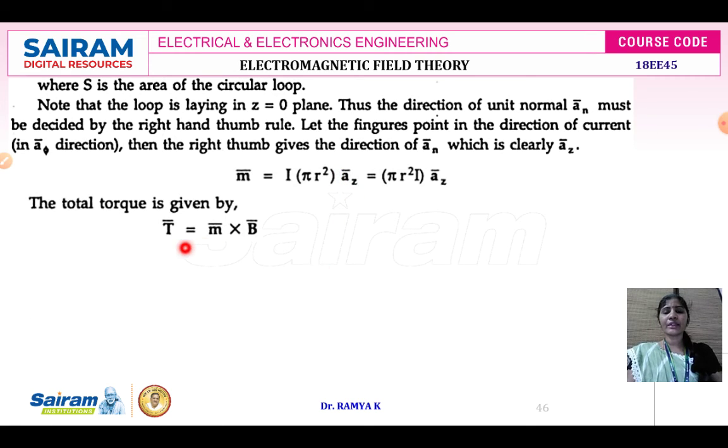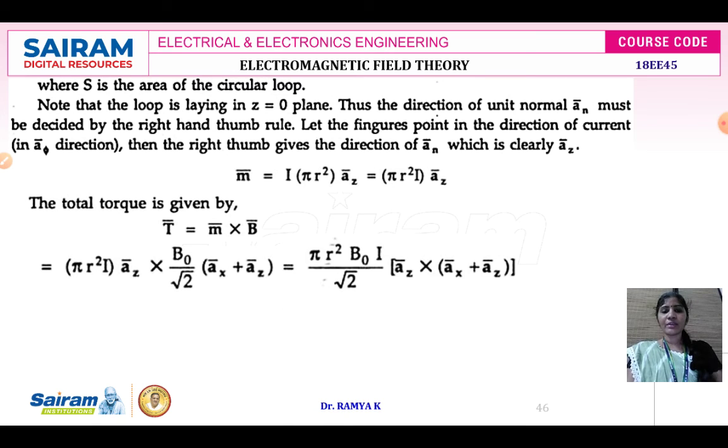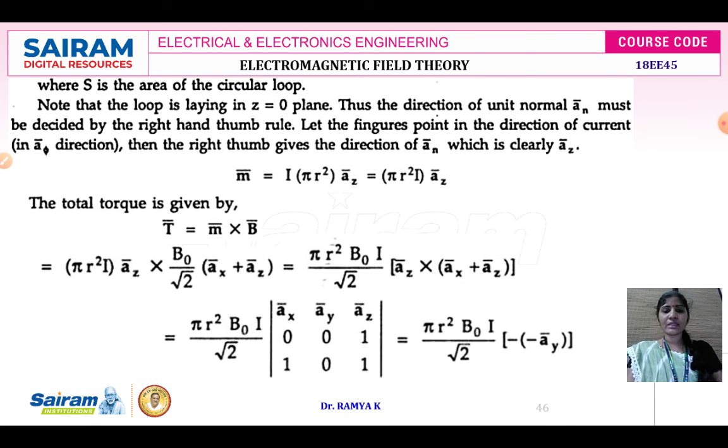Now the total torque T is the magnetic dipole moment multiplied by the magnetic flux density. After multiplying, we get pi r square B naught I divided by root 2 into Ay vector.